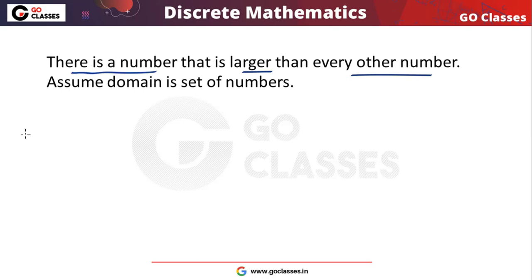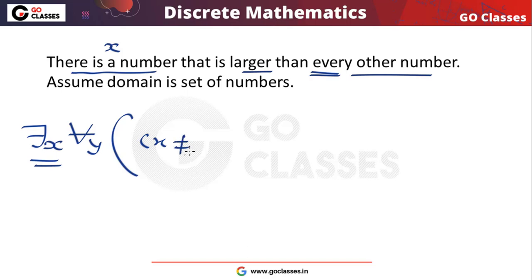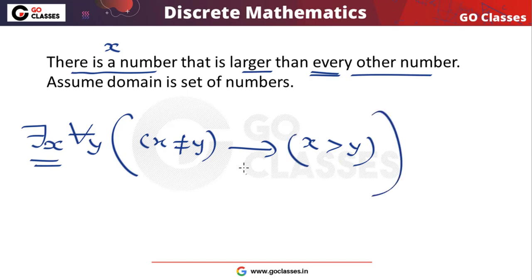So there is a number means there exists x, and for all y, if x is not equal to y, then x is greater than y.